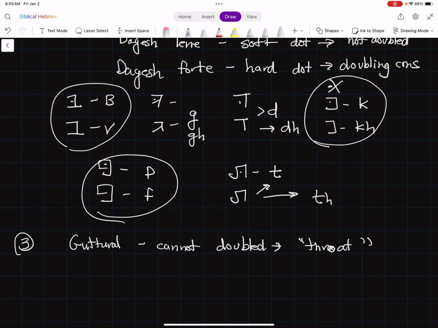So again, the significance of these letters will become more evident as we start adding vowels to them, but just know that guttural letters could not be doubled because they're the throat sounds, and they are the Aleph, Hey, Chet, Ein, and potentially Resh. Not always does Resh function like a guttural.